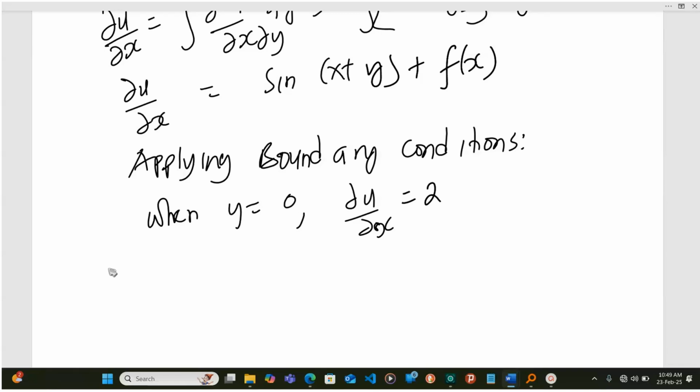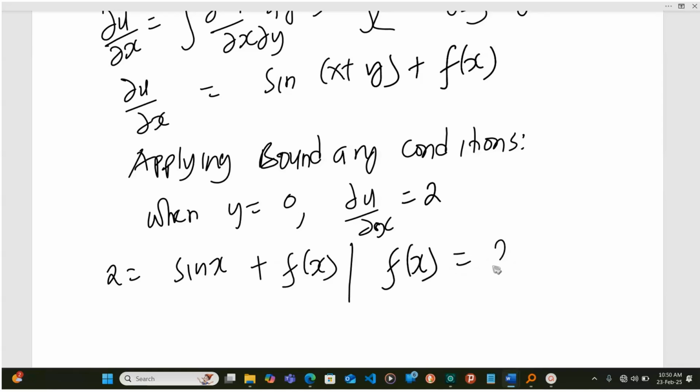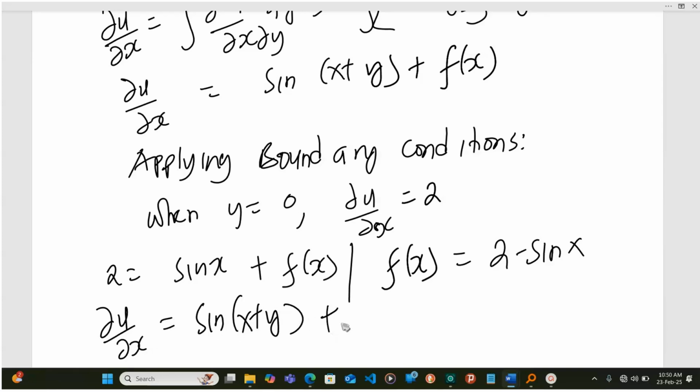So this becomes 2 is equal to, when we put y is equal to 0, this becomes sine x, then plus f of x. So meaning f of x becomes 2 minus sine x. So we put back this condition that f of x is equal to 2 minus sine x, meaning del u, del x becomes sine of x plus y, then plus 2 minus sine x.